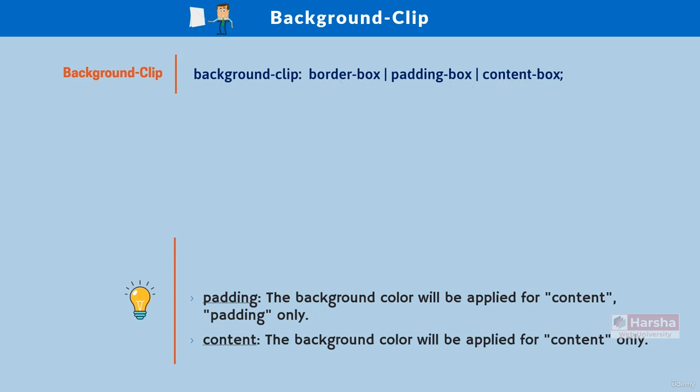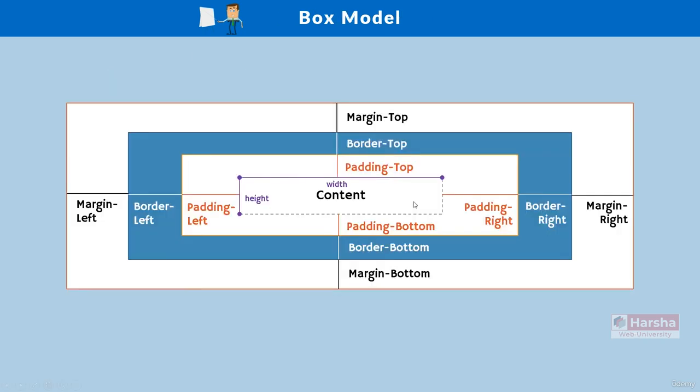So first of all, what are these border box, padding box, and content box? To understand this, we have to switch back to the box model which we have covered in the previous sections. If you look at the box model, we have content, padding, border, and also margin, totally four things. The content is the actual text or information of your element.